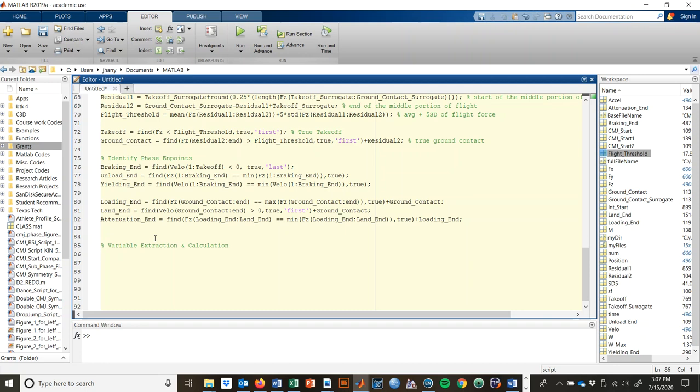So the equation we'll use for jump height is to take the velocity at the time of takeoff, square it, and divide it by 2 times the acceleration due to gravity. So what we'll do here is we will create that jump height, and we're going to take our velocity at takeoff, square it, so we use a caret with the 2, and we will divide by 2 times the acceleration due to gravity, which is 19.62.